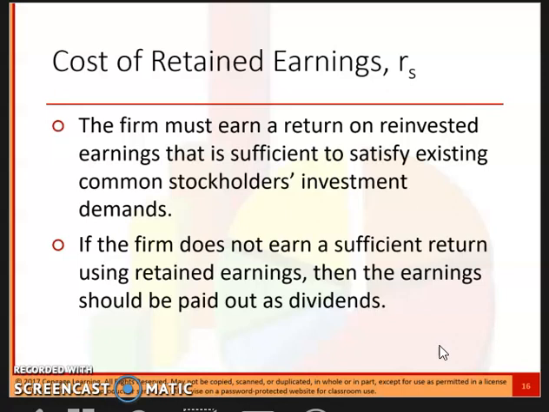If the firm doesn't earn a sufficient return on retained earnings, then earnings should be paid out as dividends. A firm would actually be more valuable as a result of paying out those dividends than it would be keeping them in-house and investing in what we would call inferior projects.